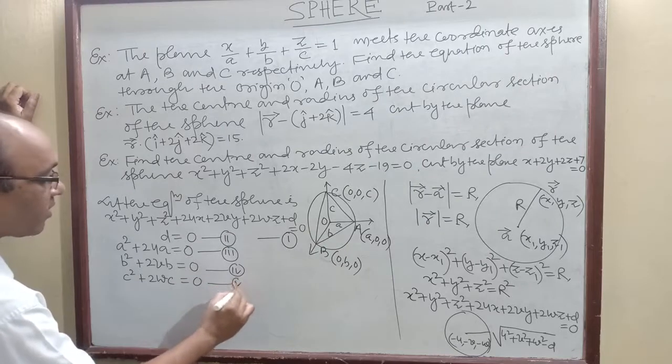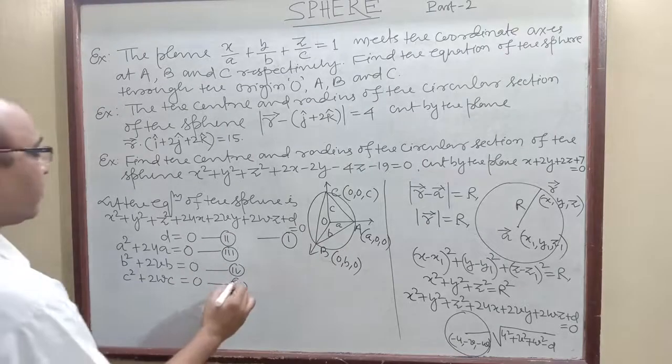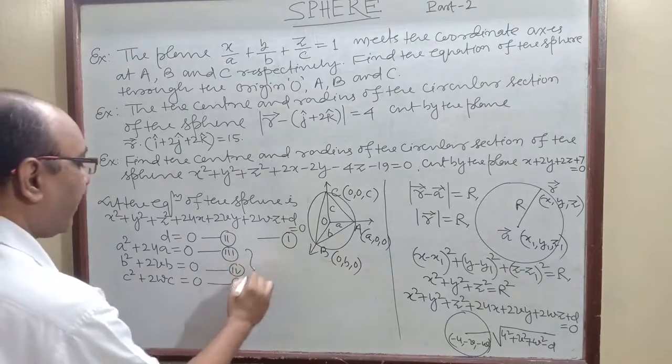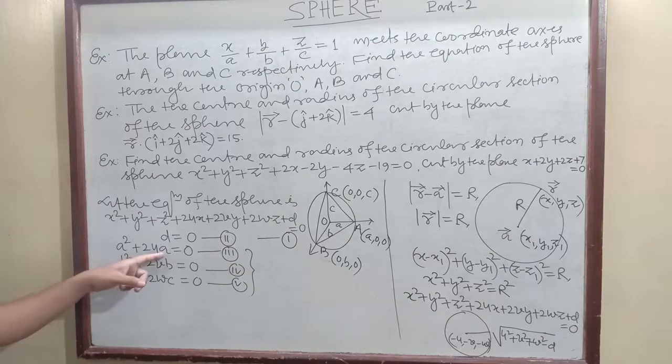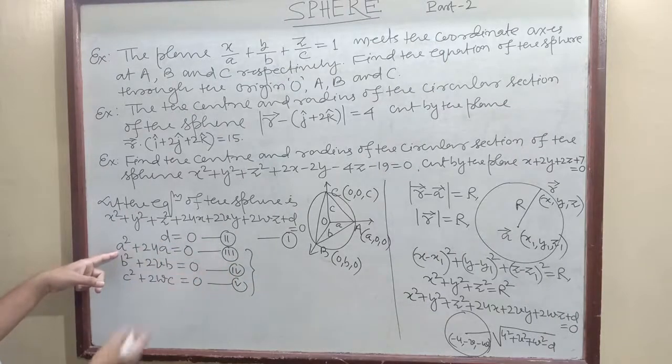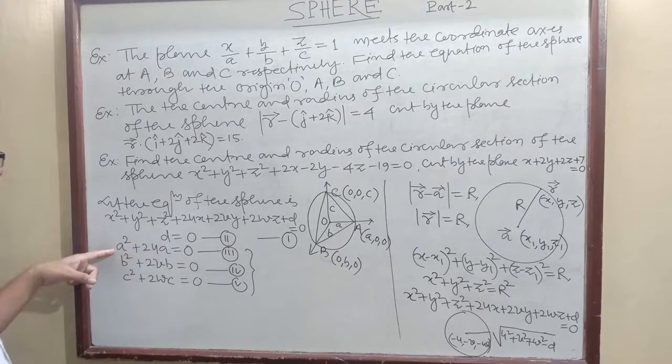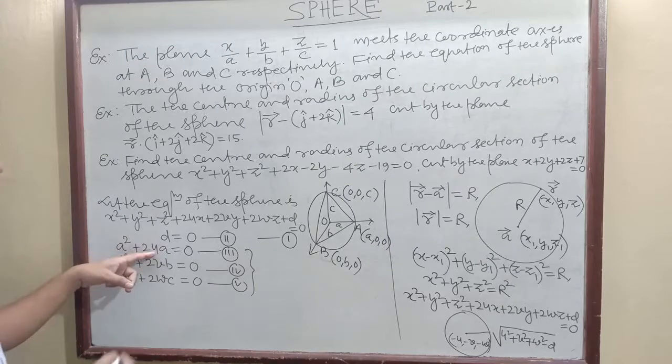Equation number 5. From these 3 equations, one A can be common and cancel. If you take one A common and cancel, you will get A plus 2u equal to 0.